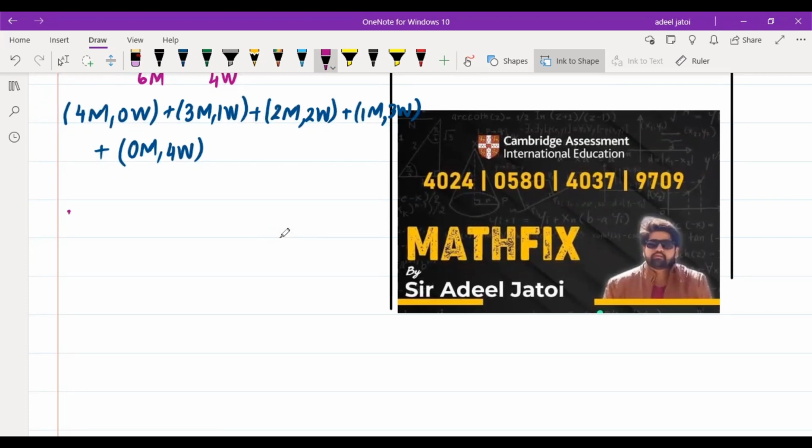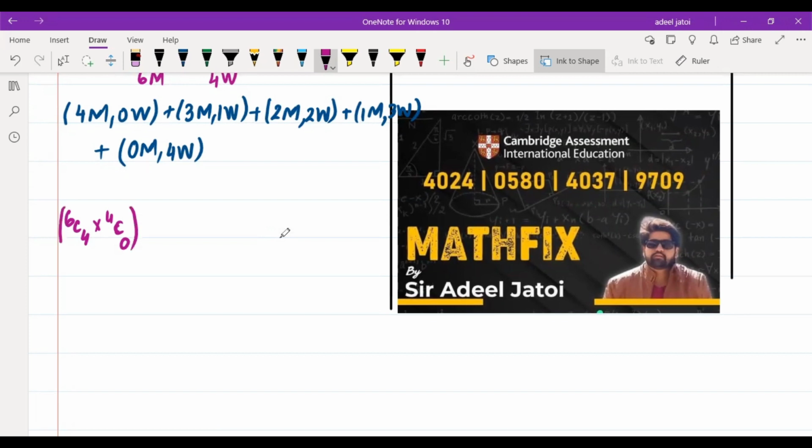So this should be 6C4 multiplied by 4C0. 6C4 means we took out 4 out of 6, and 4C0 means obviously I did not want any woman.